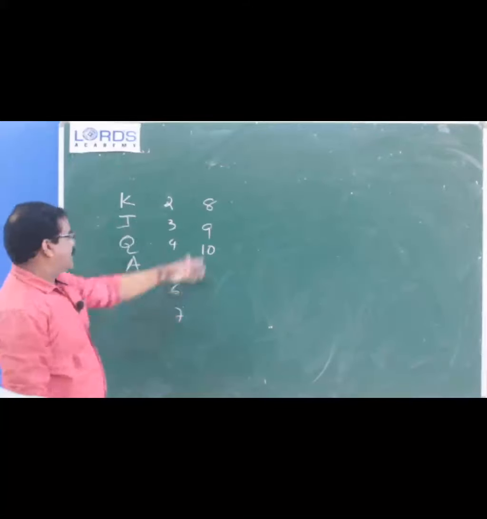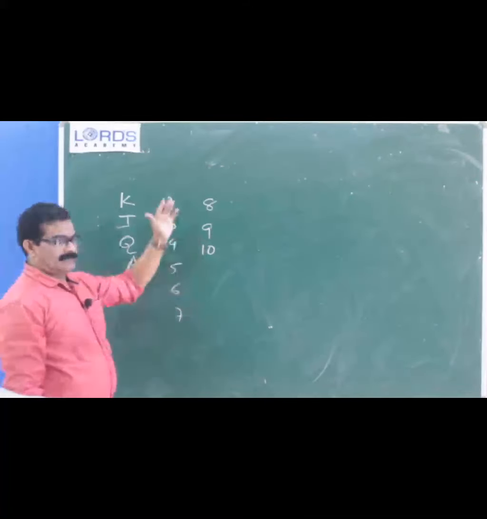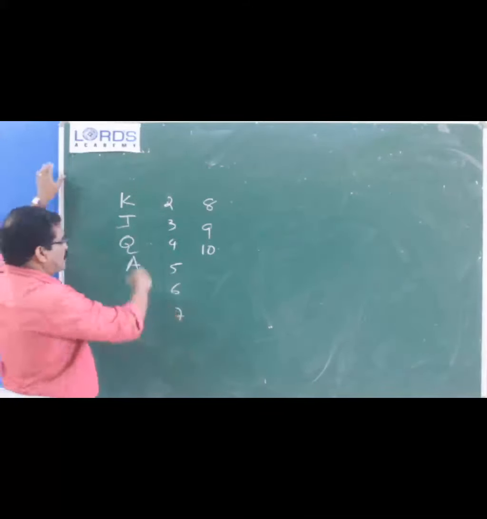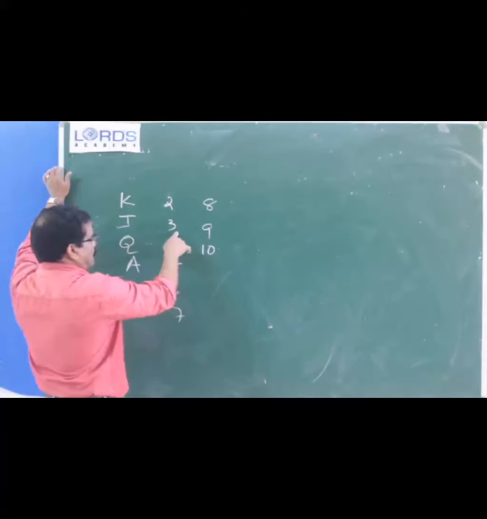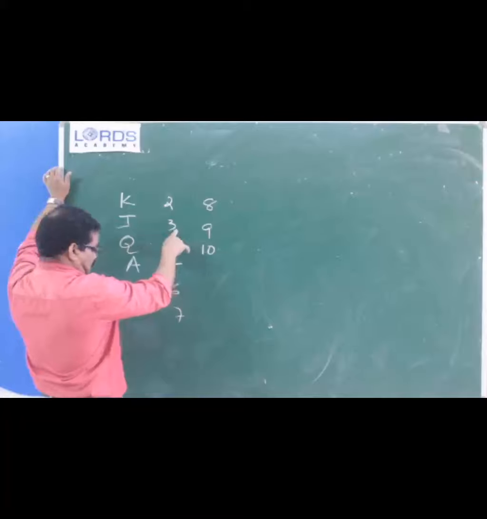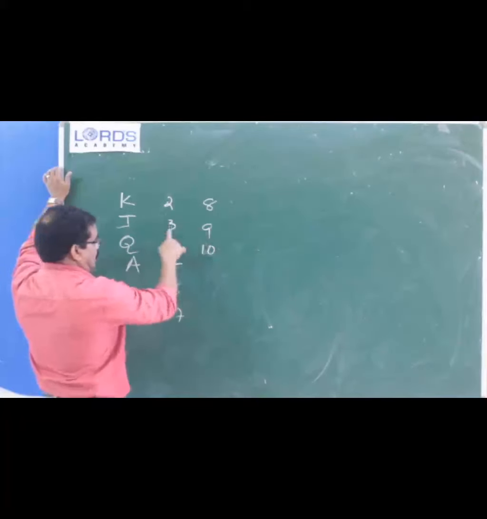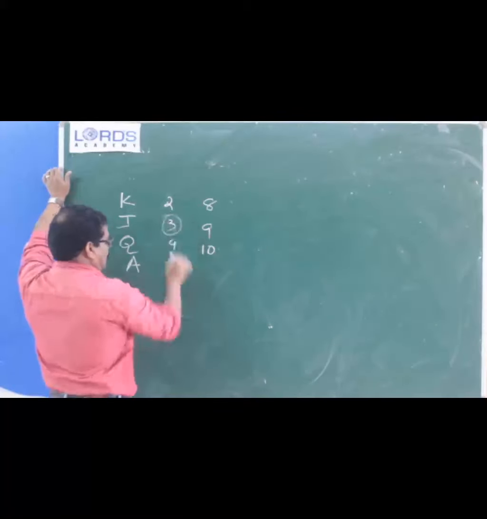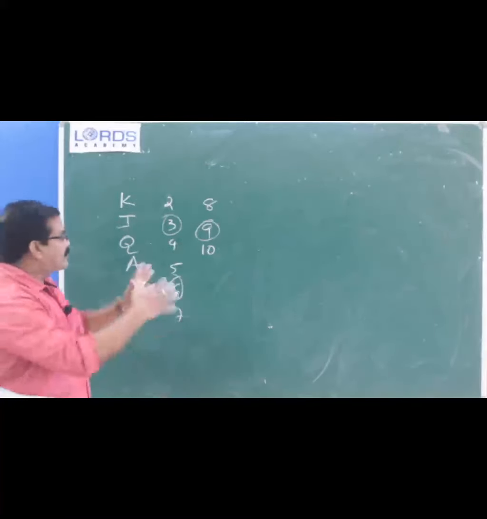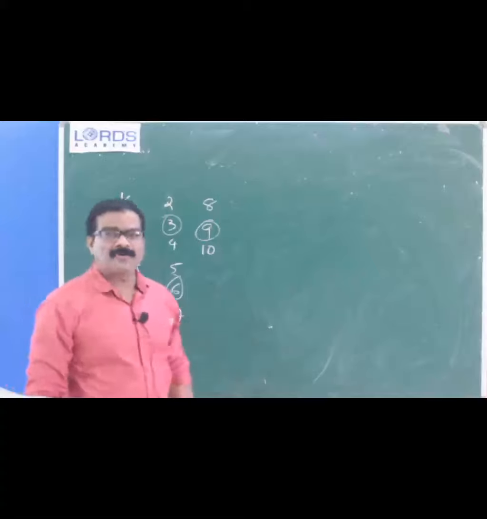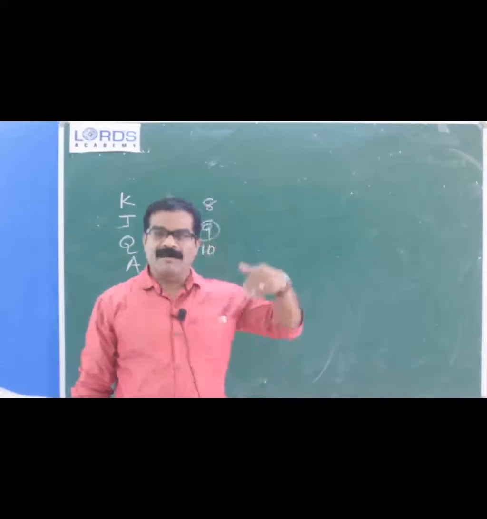Yes, 13 cards are there. From each set, the multiples of 3, that is 3, 6, 9, are removed. Then can you say how many cards were already removed?